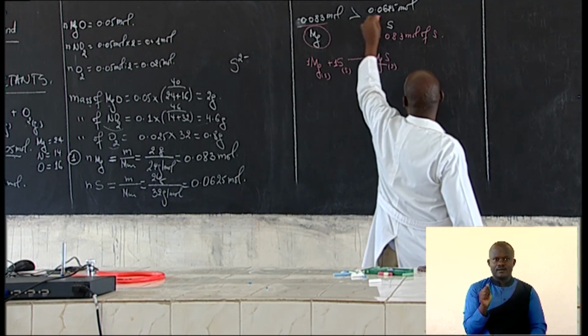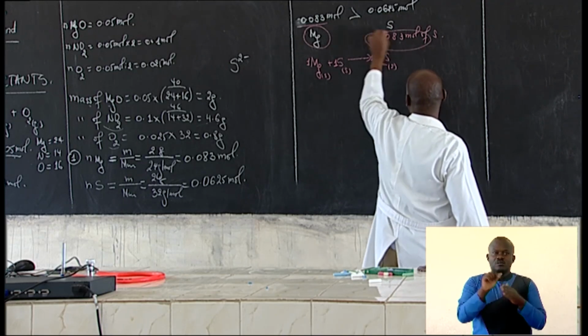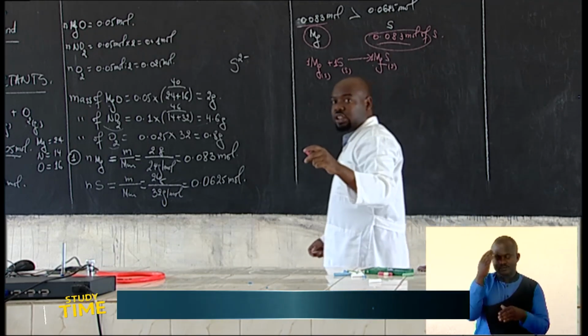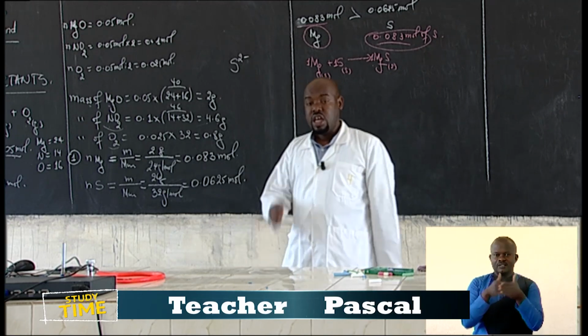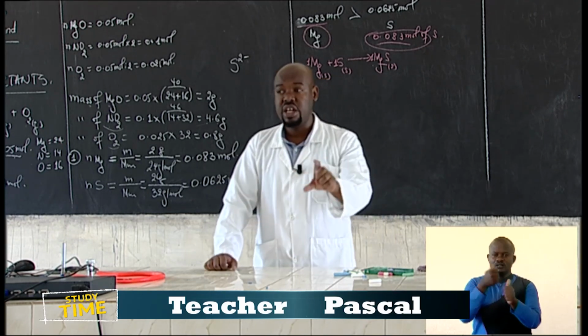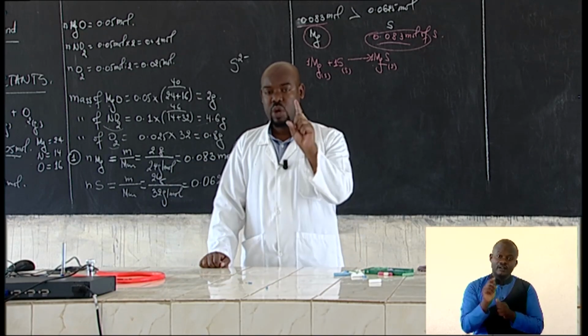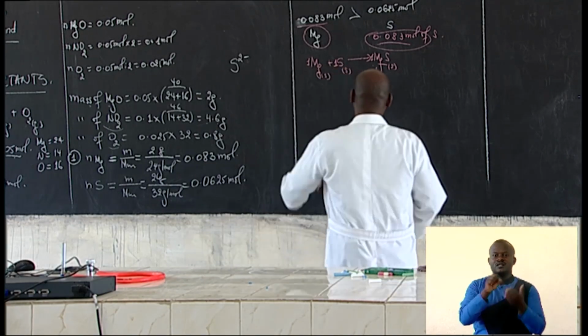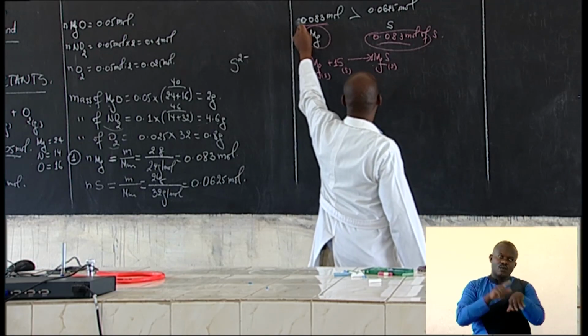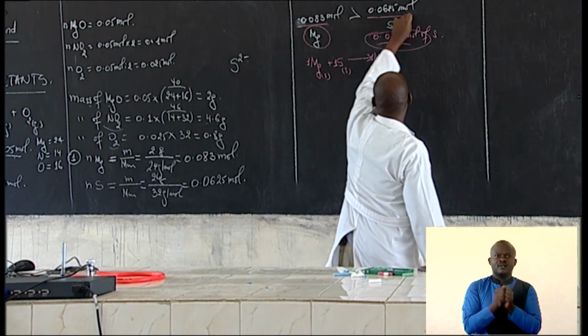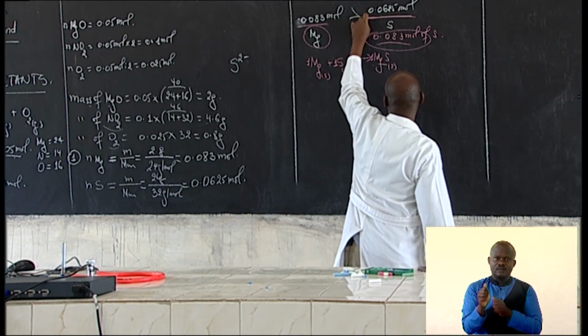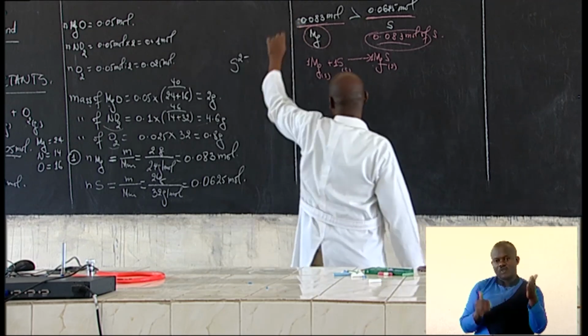But what we have is smaller than what we need. So what is the limiting reagent? The limiting reagent is that one which is present in a smaller amount. Okay? And which one is that? It's sulfur. So when these will be combining, sulfur will be used up before magnesium.